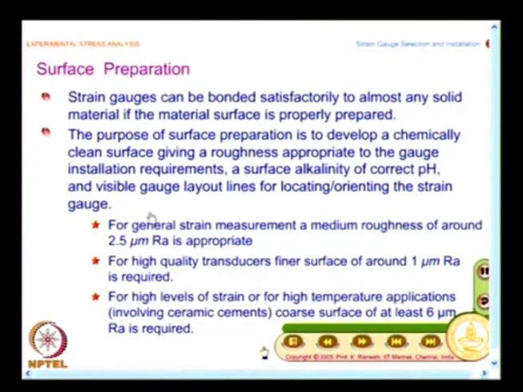In addition, you also need visible gauge layout lines for locating or orienting the strain gauge. See, this is very important. When you say in an actual structure, I want to measure strain, how I have pasted the strain gauge at the point of interest matters. So, I must align it appropriately, because a strain gauge essentially gives you the component of strain along the gauge length.